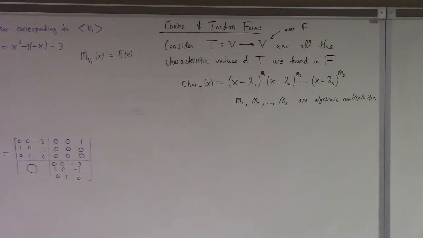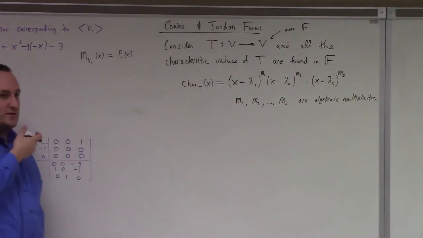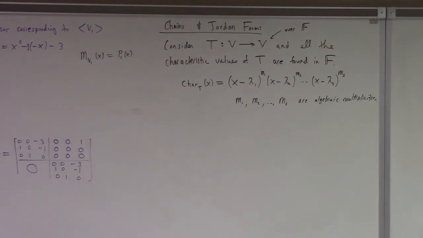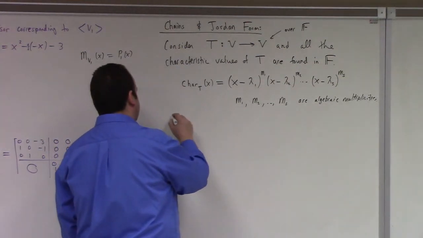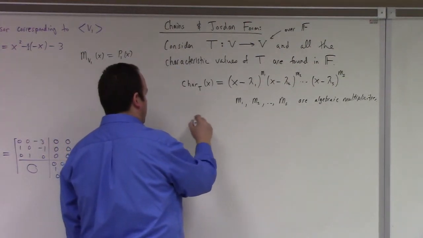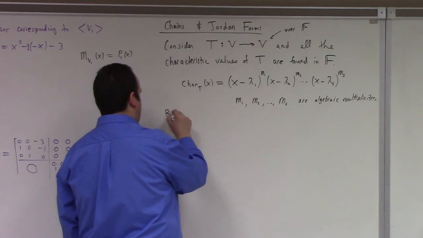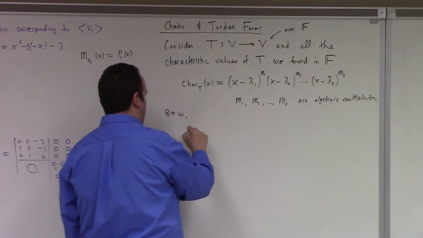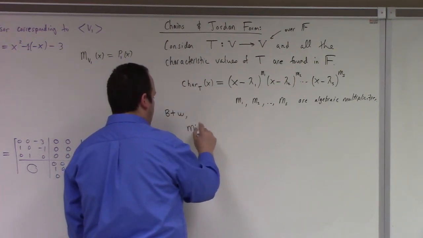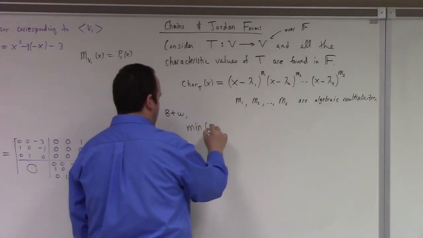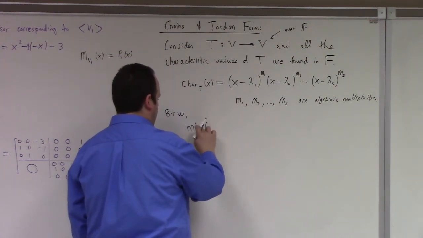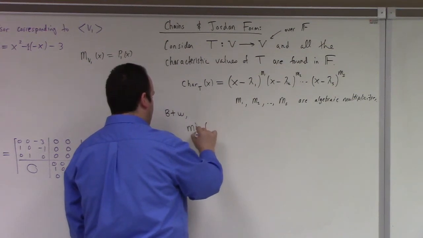All right. Now, what does the minimal polynomial look like in this case? So the minimal polynomial, again with respect to T, I seem to be inventing new notation today.